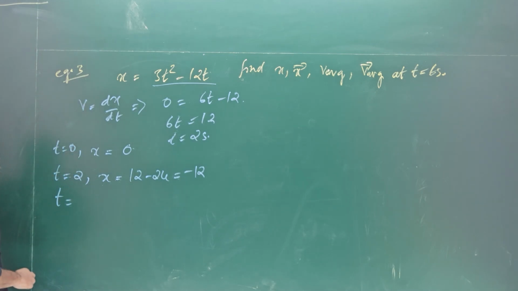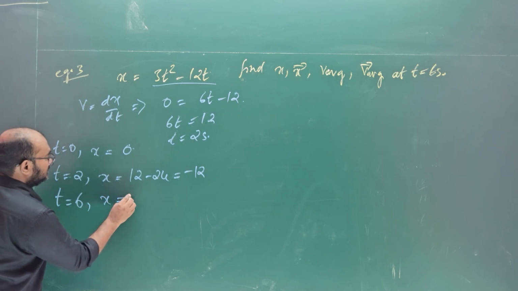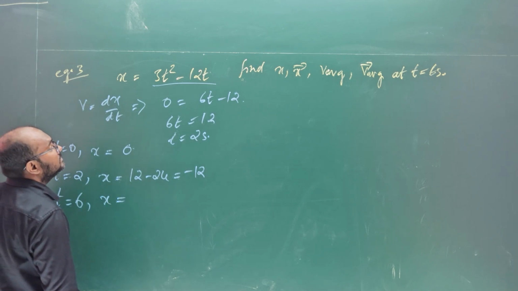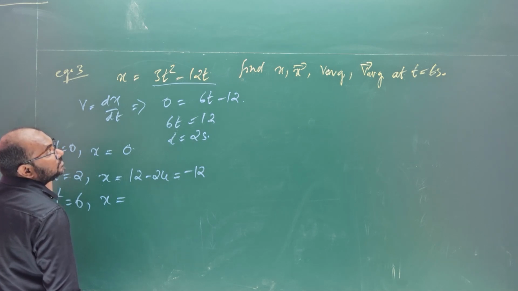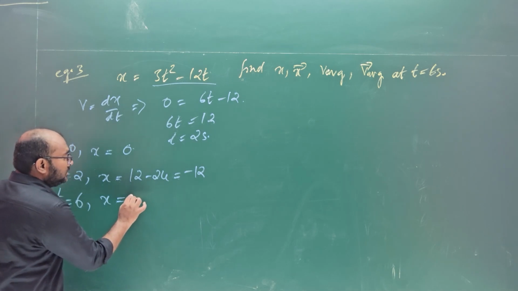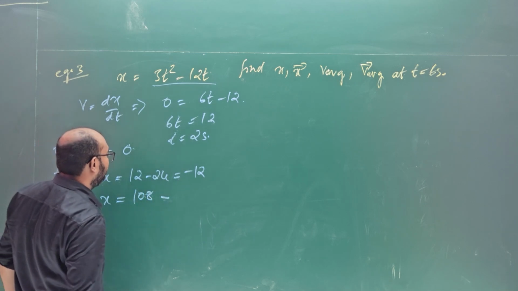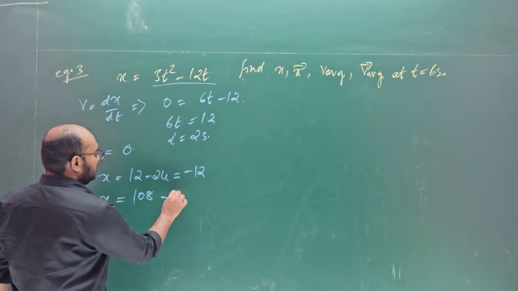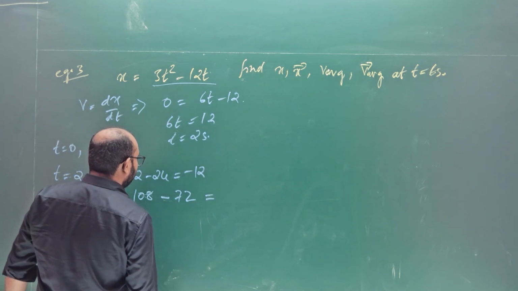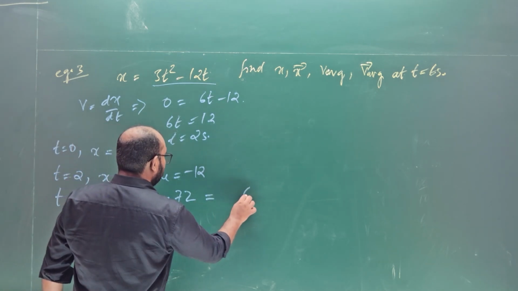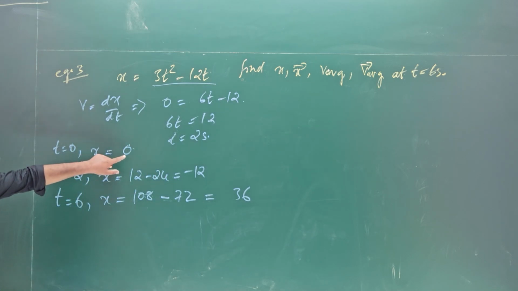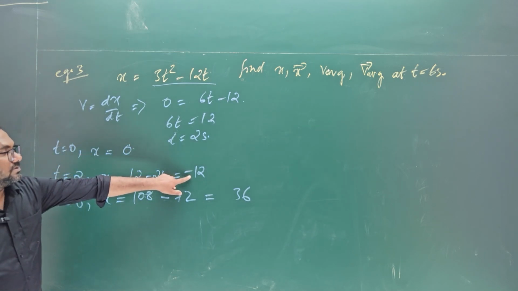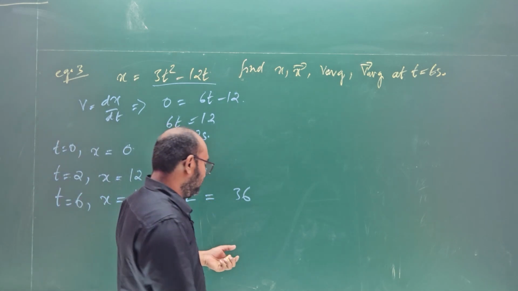At t is equals to 6, x is equals to 3 into 36, which is 108, minus 72, that is 36, positive. See here, it first started from 0, then reached minus 12, then again positive 36.